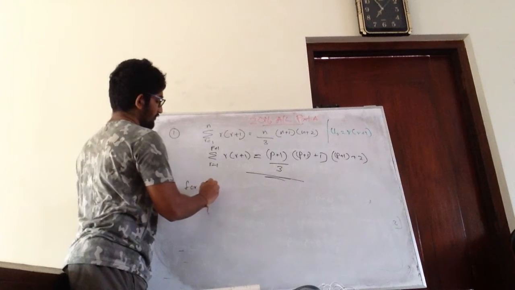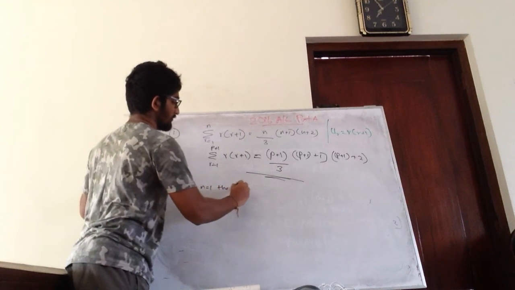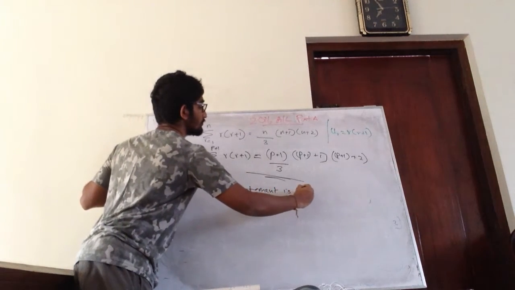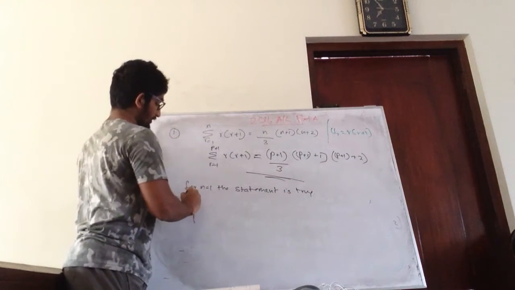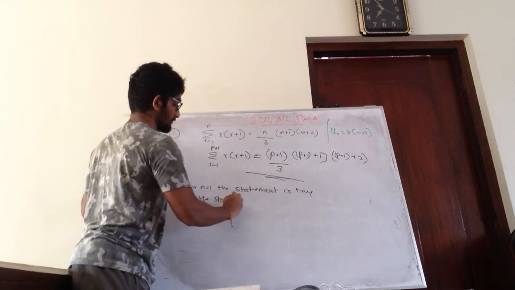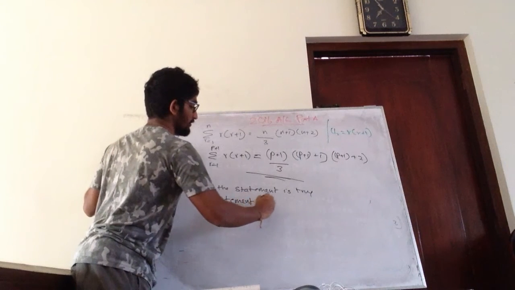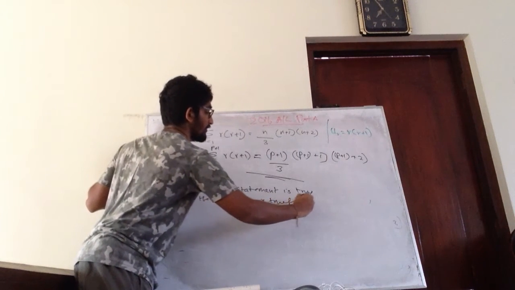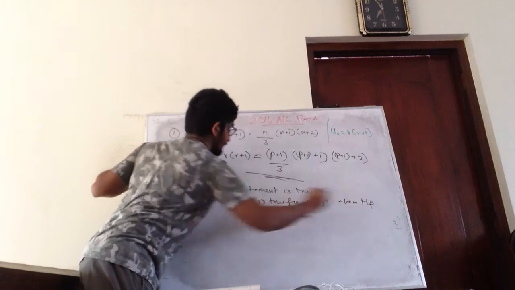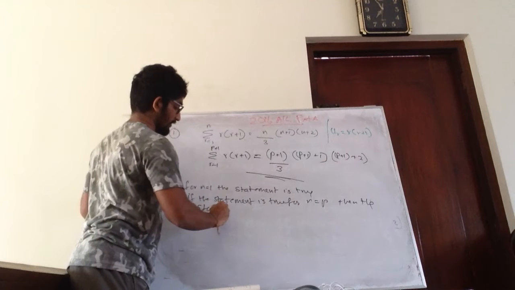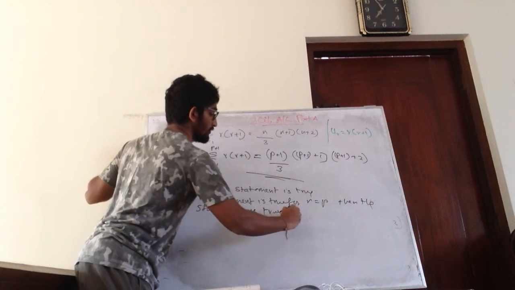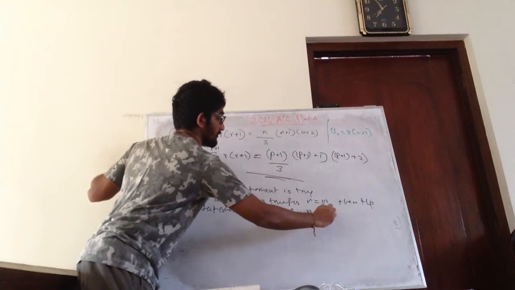So when we come up to here, we can write as what? For n equals 1, the statement is true. If the statement is true for n equals p, then the statement is true for n equals p plus 1.